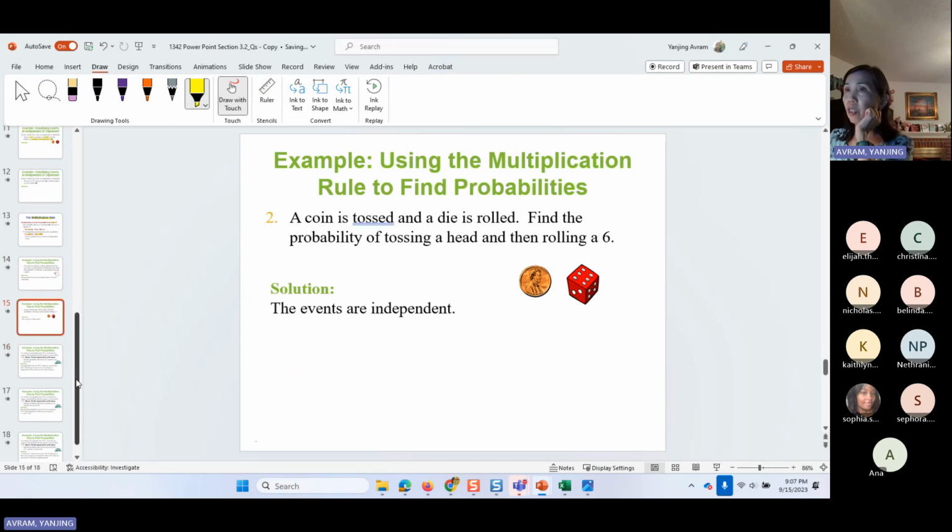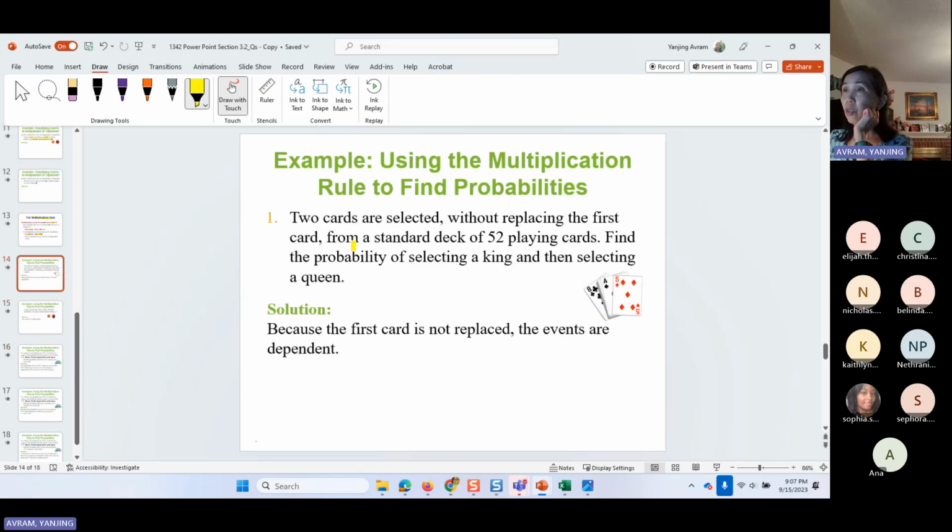Let's look at this one right here. Two cards are selected without replacing the first card from a standard deck of 52 playing cards. Find the probability of selecting a king and then selecting a queen.